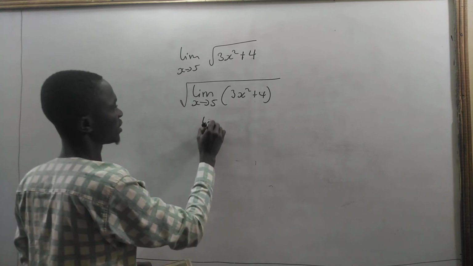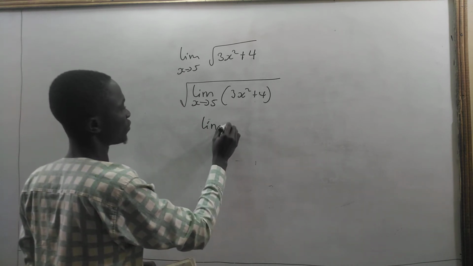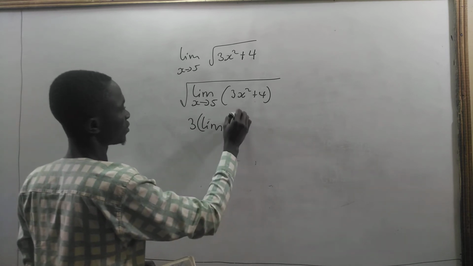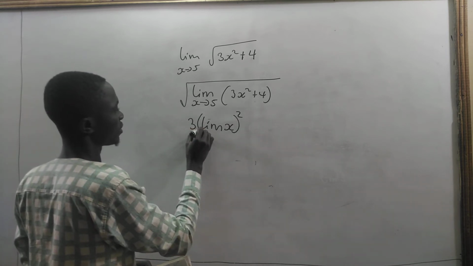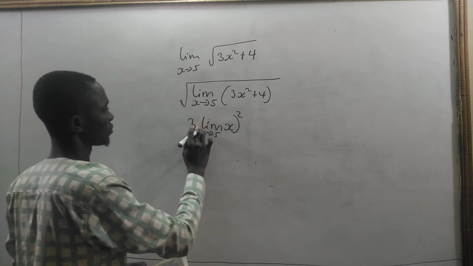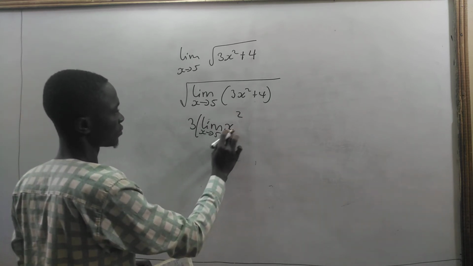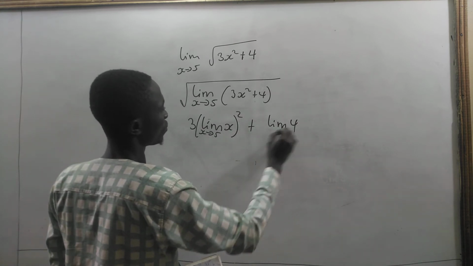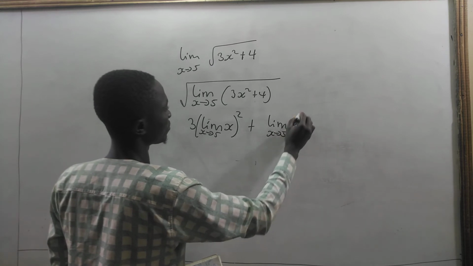So we take the limit of 3 times x, all squared, as x approaches 5, plus the limit of 4 as x approaches 5.